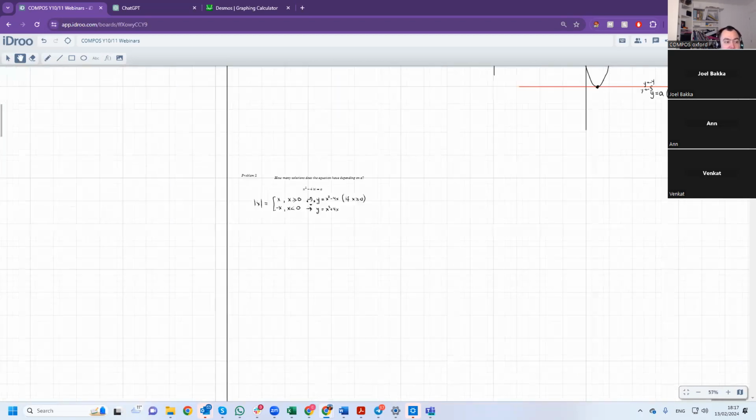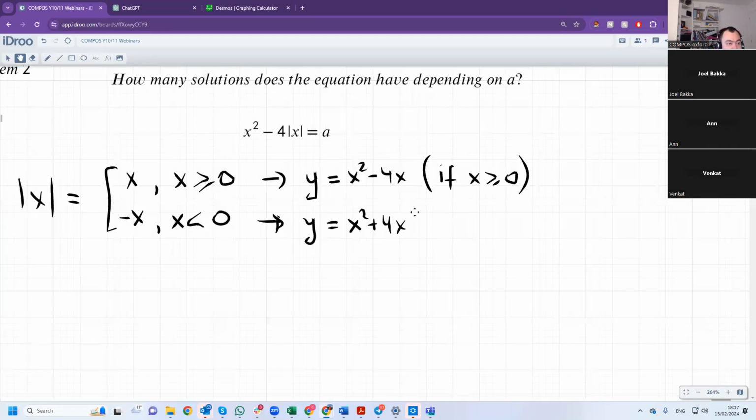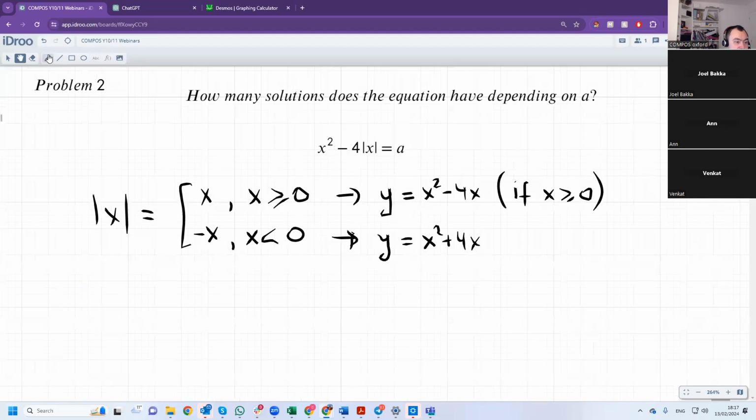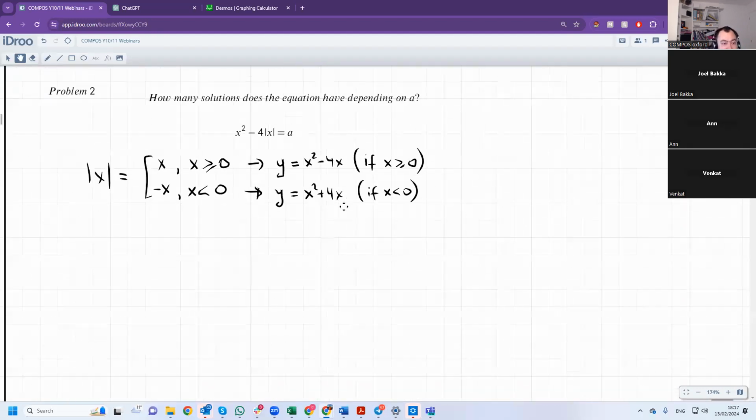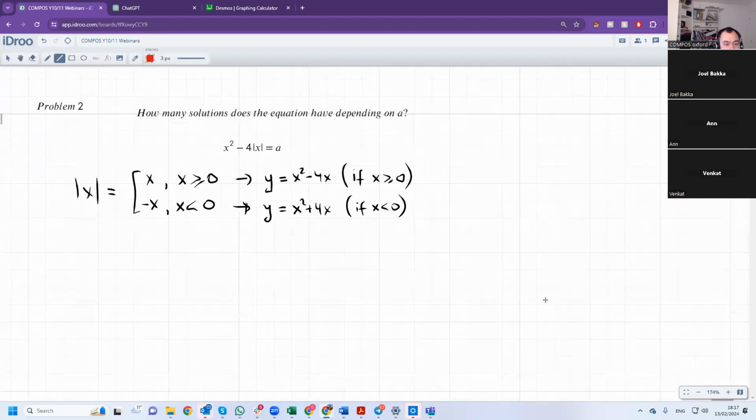Okay. Now the equation becomes, so if x is negative, it's going to be this graph. So we're trying to draw the left-hand side as a graph. So how does that work?